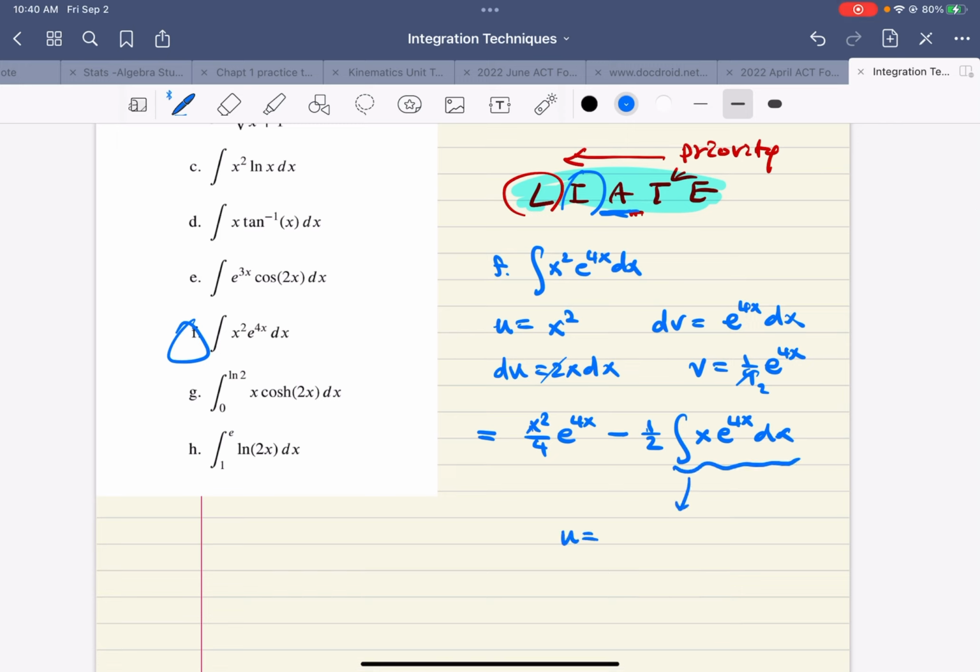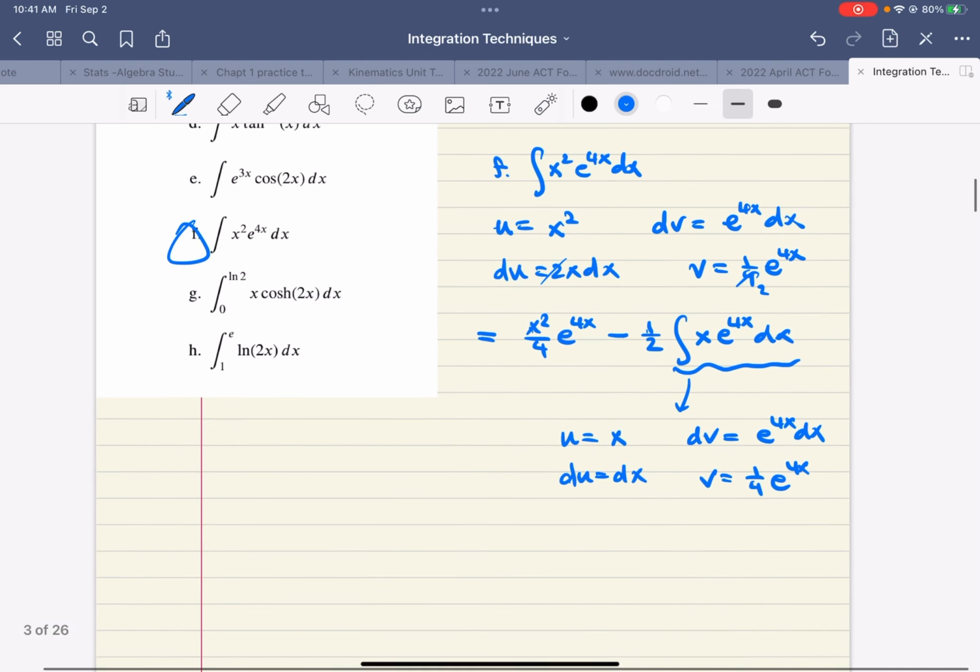So u again is x, dv equals e to the 4x dx. So du equals dx, v is 1/4 e to the 4x. Only that portion will be uv, so 1/4 x e to the 4x minus integral v du.